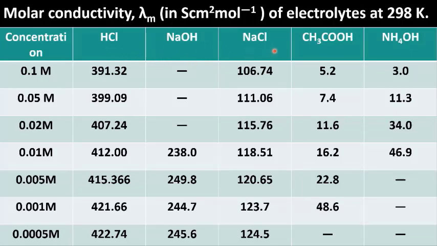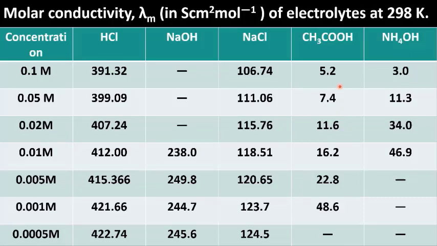If you observe the molar conductivities of these strong electrolytes at different concentrations, the increase in molar conductivity is very less. Here also, this is 238, 249. And here 106.74, 111.06. In case of weak electrolytes like acetic acid and ammonium hydroxide, see here the molar conductivity at 0.1 molar is 5.2, at 0.05 it is 7.4, and at 0.02 it is 11.6.